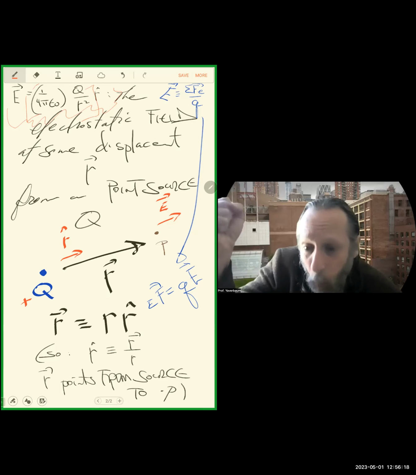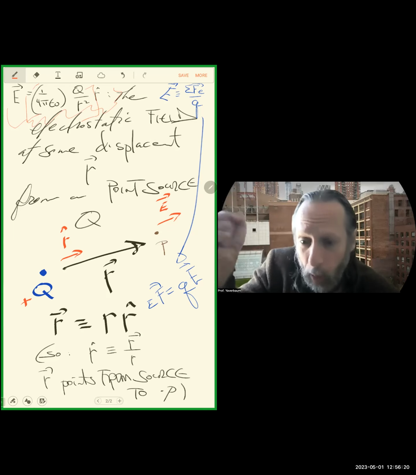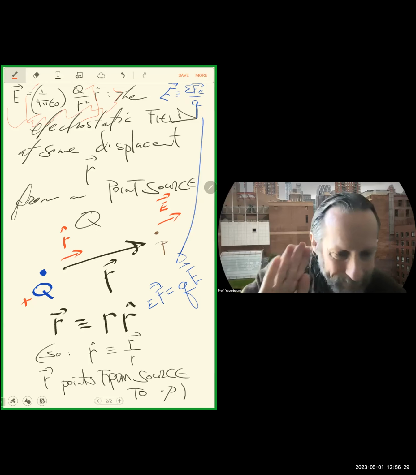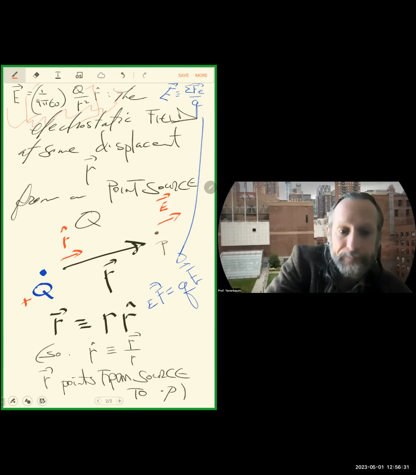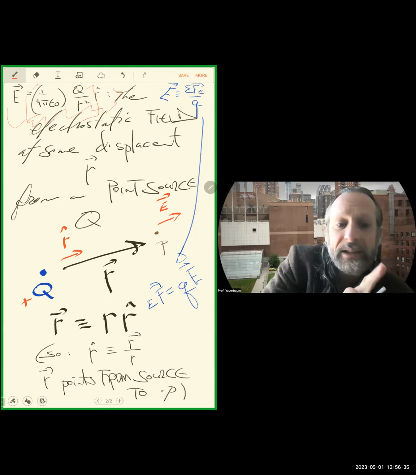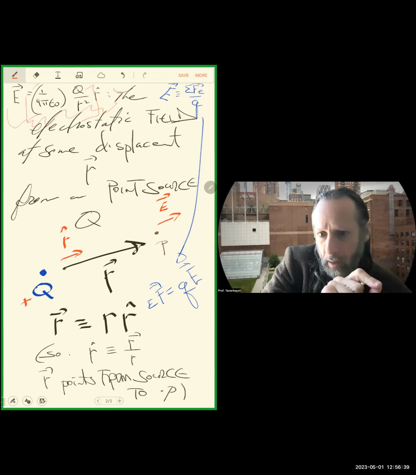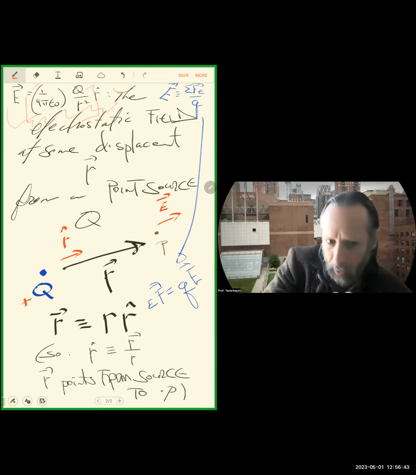It's saying this is what's going to push or pull each and every one positive coulomb of charge that could be located at P. Okay, I don't know if that helped at all, but that's how one source charge creates a field vector at a location.